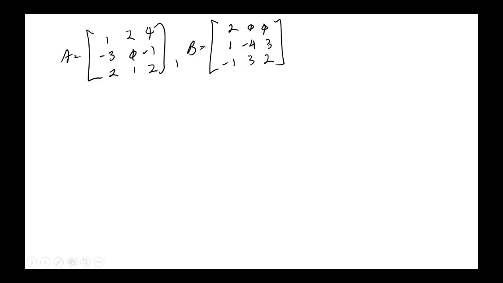Okay. Given those two matrices, we're asked to do a few different things. The first of these is a scalar multiplication. 3A.